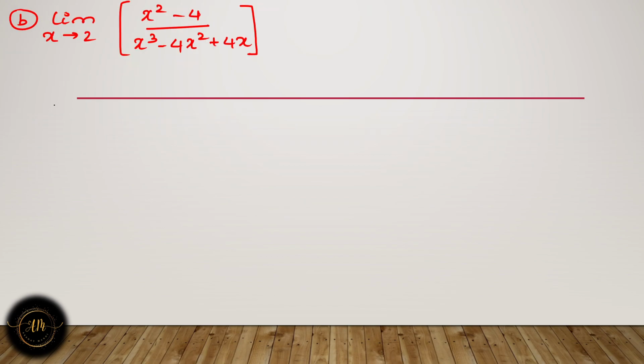When you see the next question, you substitute 2 over here, 2 square is 4. The numerator becomes 0. When you substitute 2 in the denominator, 2 cube is 8, and 4 into 4 is 16, 4 into 2 is 8. So the total denominator also becomes 0. So 0 by 0 form is known as indeterminate.